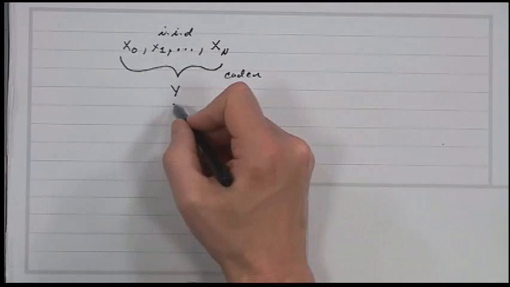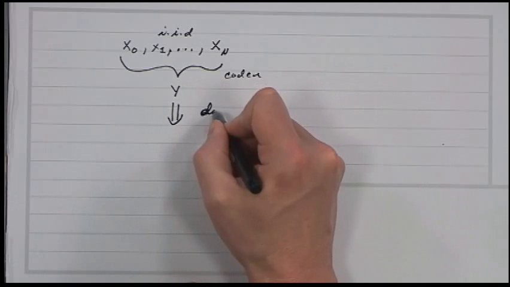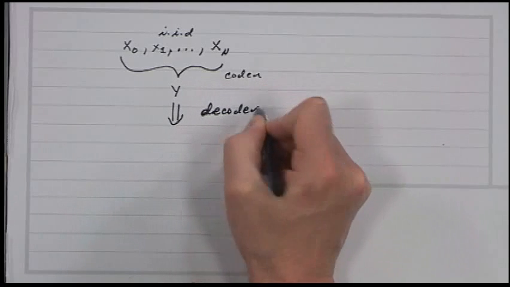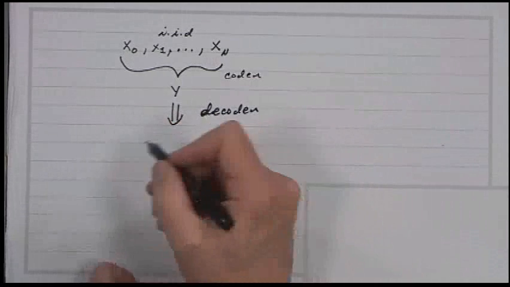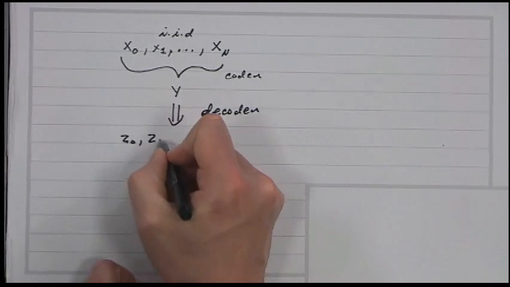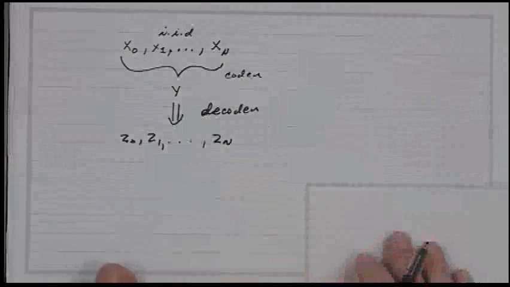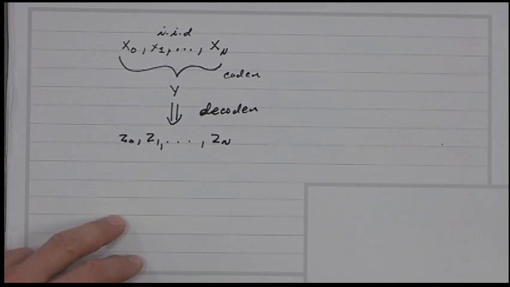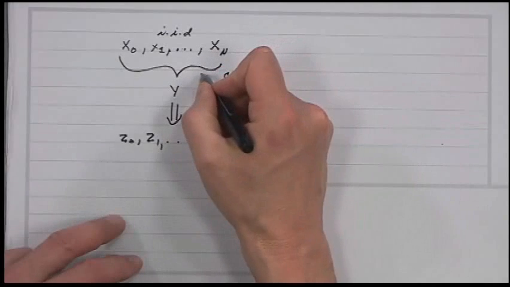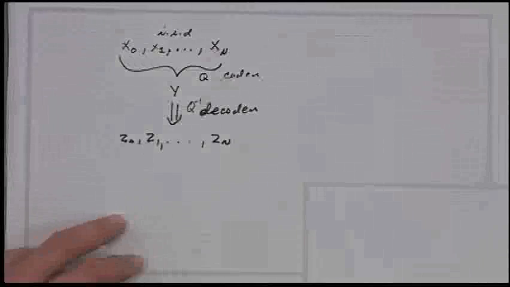Then you take this thing and you have a decoder, and it produces the decoded sequence, we'll call it Z0, Z1 through Zn, okay? So the coder is Q, and the decoder is Q inverse.